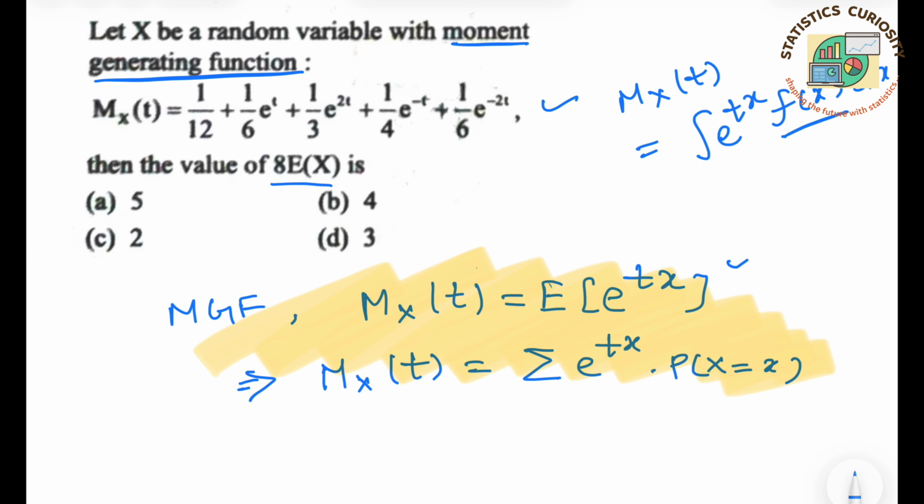If you look at this closely, you can see that it is a summation of e raised to the power tx into probabilities, and you can clearly see over here that 1 by 12, 1 by 6, 1 by 3, 1 by 4, 1 by 6, all of these are probabilities.